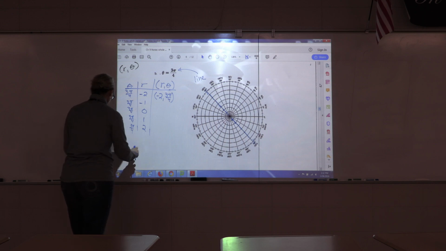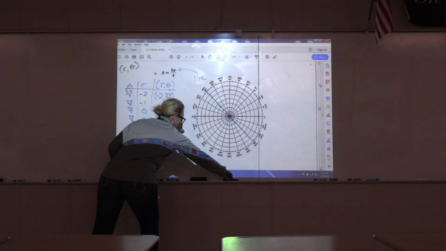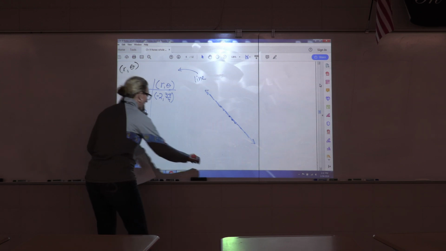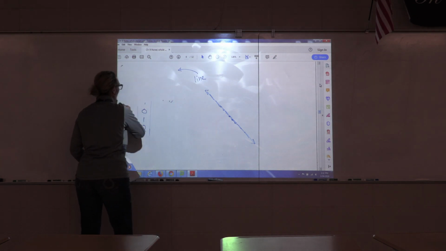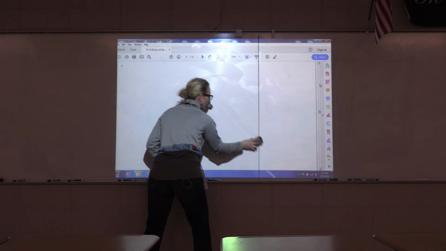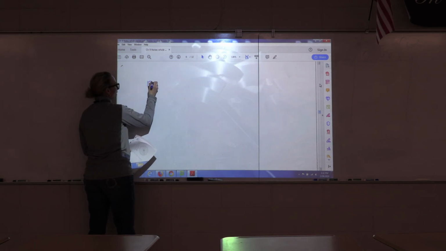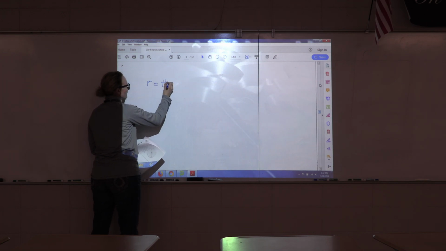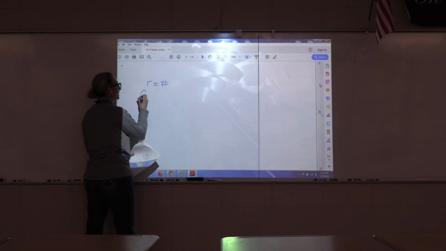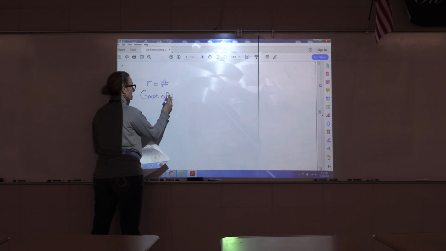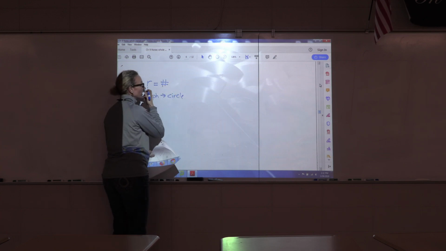Okay, so to summarize, maybe we can summarize a bit. What are the two major equations we know and the shape of their graphs? So this is our final thoughts about the graphs, because we only know two basic ones. If you have r equals a number in the polar system, that is going to be the graph of a circle with the radius of that number.